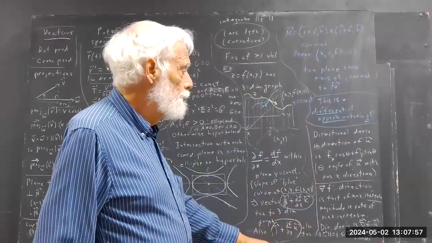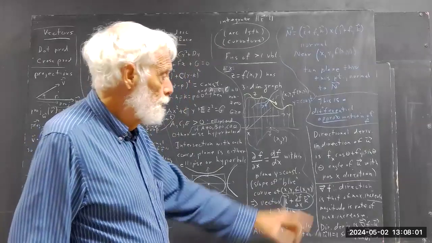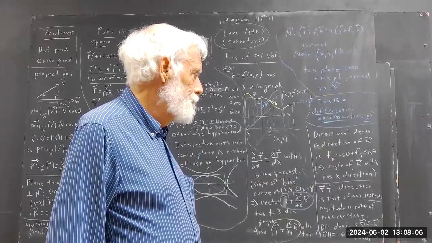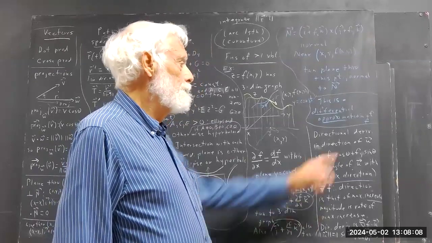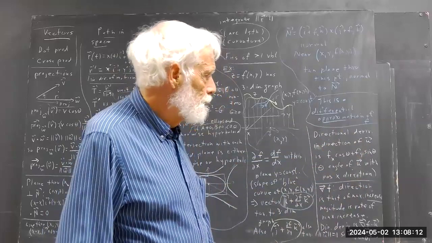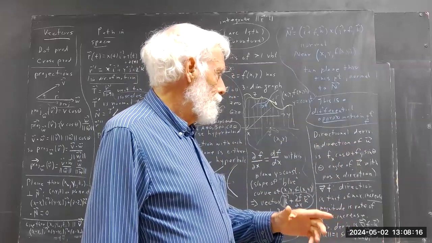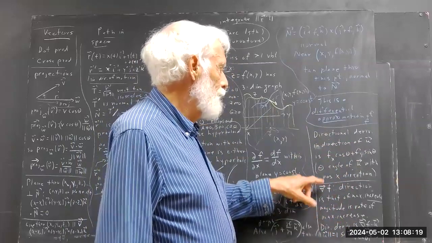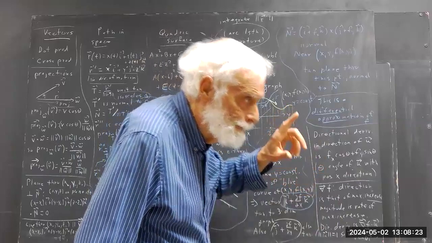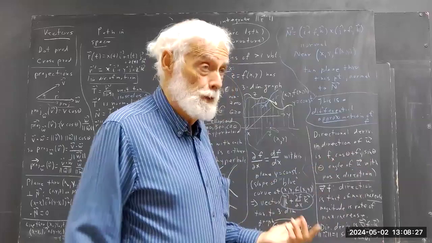Okay, anyhow, the directional derivative now, in the direction of u, for u as a unit vector. Actually, I didn't specify that u is a unit vector. I just said that u has direction, directed at angle theta with respect to the positive x direction.